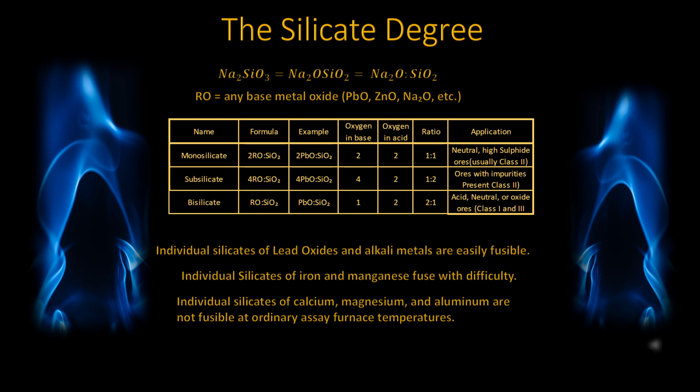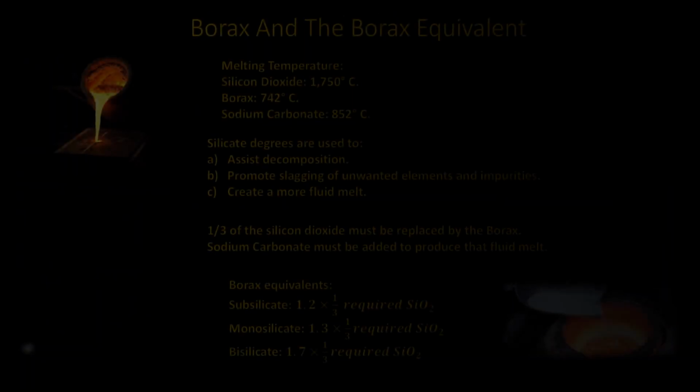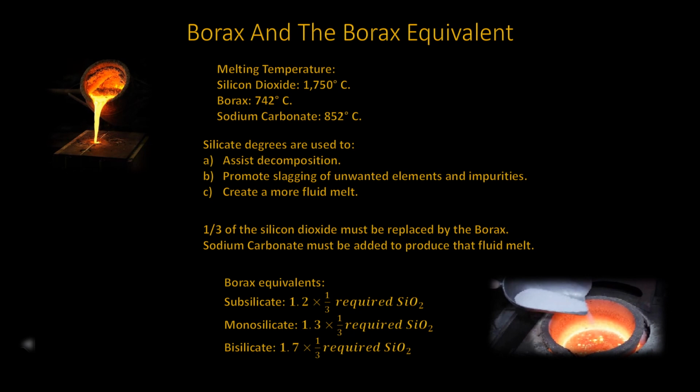An acid in the correct concentration is still required. Silicon dioxide melts at 1750 degrees centigrade, borax at 752 degrees, and sodium carbonate at 852 degrees.